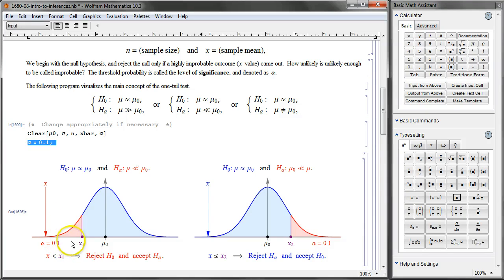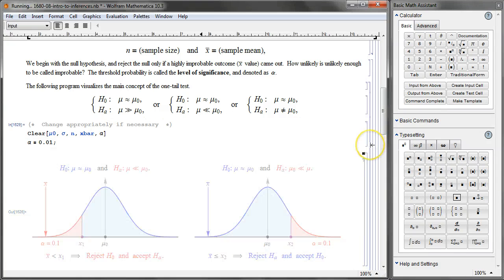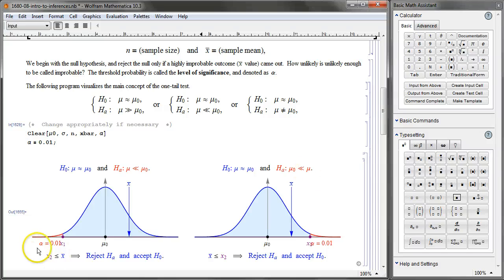If we have a really big red area, it's more likely that we're going to go with alternative, because if x bar falls into this red area, then we're going to accept alternative and reject null. But if we get something really, really small there, then it's going to be much more difficult to get the alternative hypothesis. Really small area here, you see. Let's go back to the default 0.05.